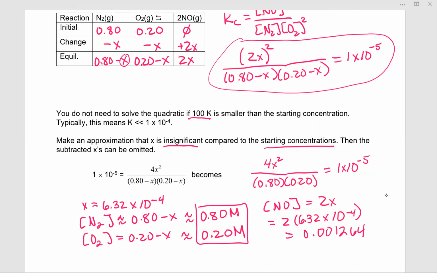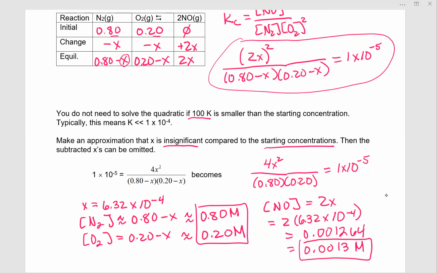Let's take a look at significant digits. Notice up here that I am limited to 2 significant digits. So my answer is going to be 0.0013 molar.